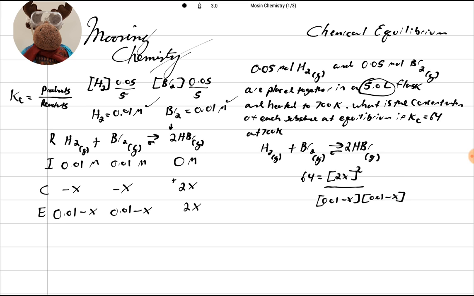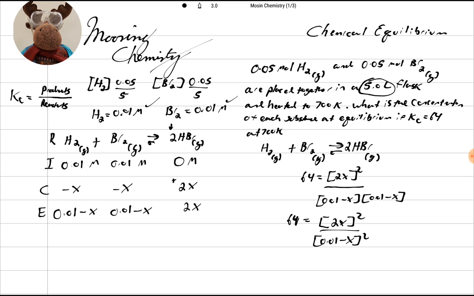Hey, wait a minute, we got 2 of the same. Okay, so we'll set it up as 64 equals 2x squared, I have trouble writing here, guys, for some reason, over 0.01 minus x squared.